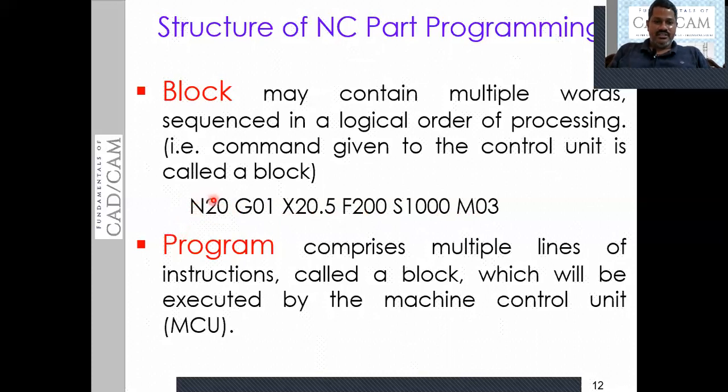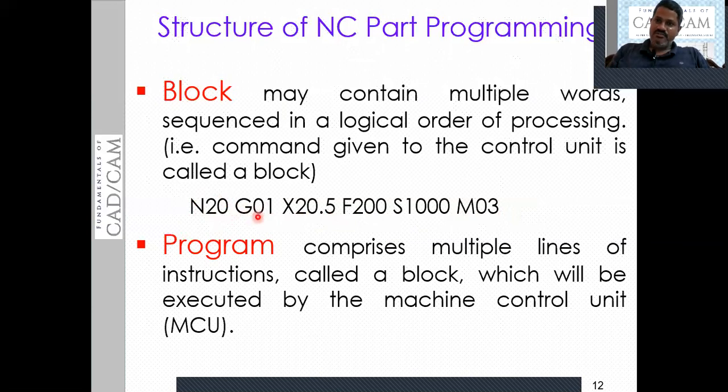N20 signifies the address of this block. Of course, this 20 is not going to tell us the execution order. It tells us only the address of this block. So N20 is the address or the sequence of the block.